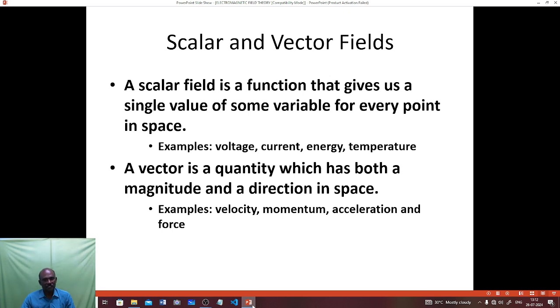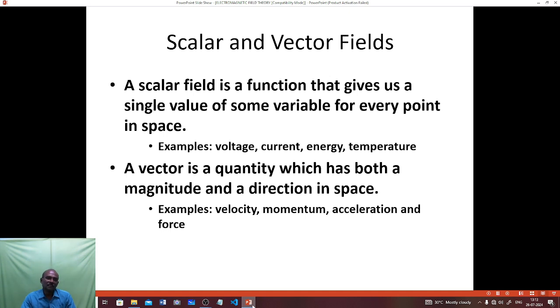A vector is a quantity which has both magnitude and a direction in space. Velocity, for example, gives details not only about the speed but also the direction of the object involved. Momentum, acceleration, and force are all vector quantities.